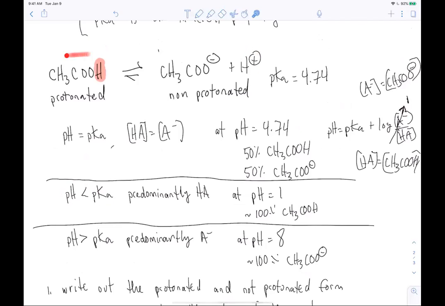That's going to shift this equilibrium back to the acid form. So if I add this, I'm shifting it that way. And if I raise the pH, it's the same as removing protons. So now I'm going to shift the reaction back to the right. So all of these things fall out of these qualitative analyses.